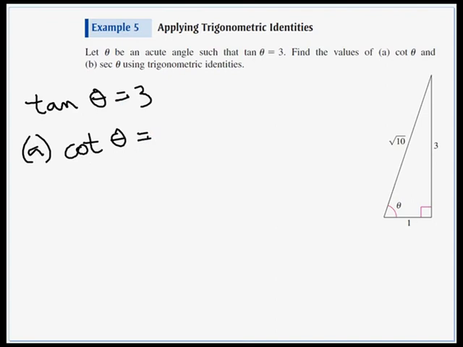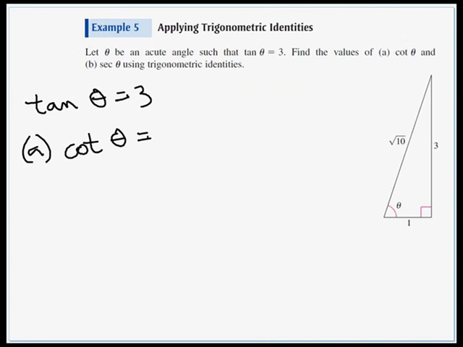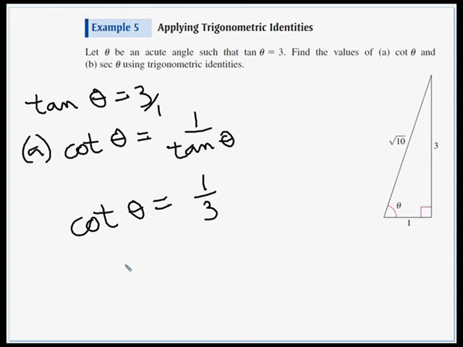Well, if we back up a couple pages here, cotan is 1 over tan. So we take the reciprocal of tan, that is equal to cotan. Tan of theta is 3 over 1. So cotan is equal to 1 over tan theta, or 1 over 3. Cotan of theta is equal to 1/3.